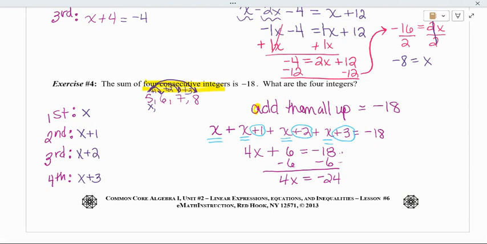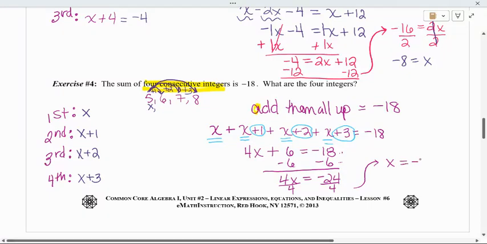Kylie, what's the last step? It says 4x equals negative 24. How do we get x all by itself? Good job. Divide both sides by 4. So that means that x equals negative 6.